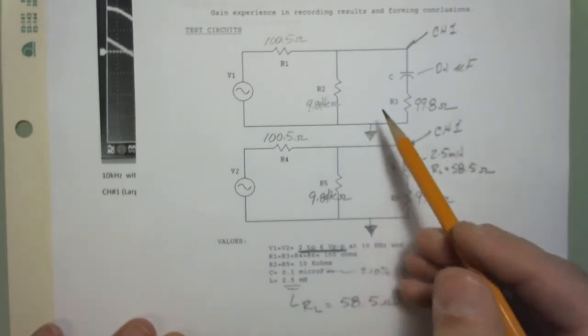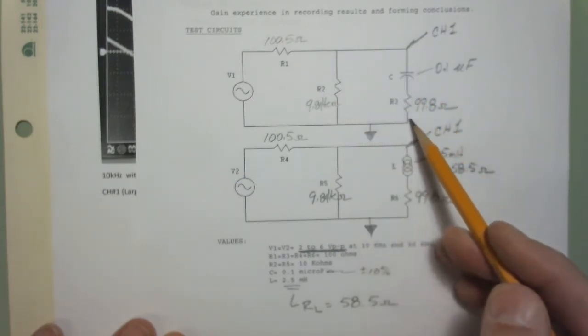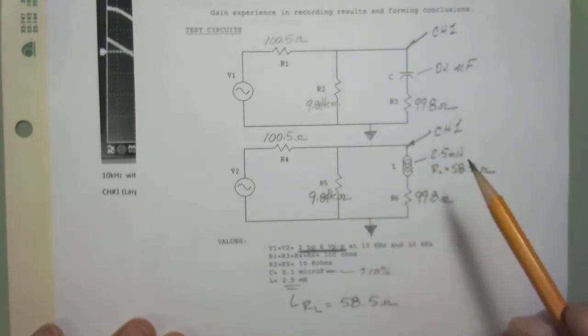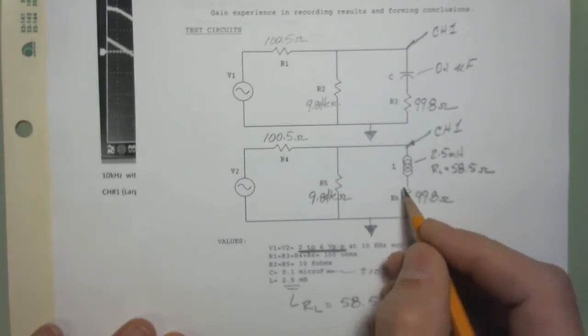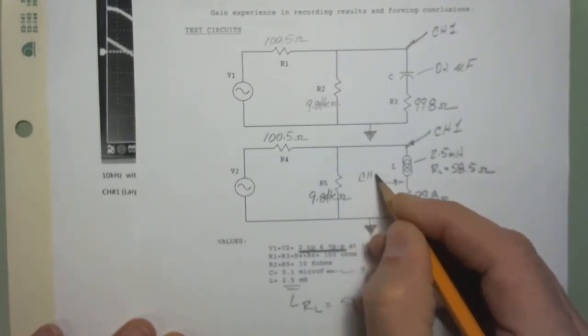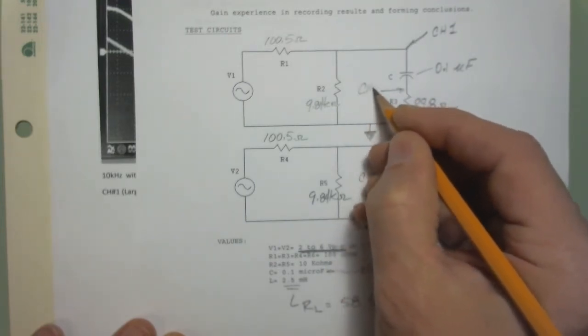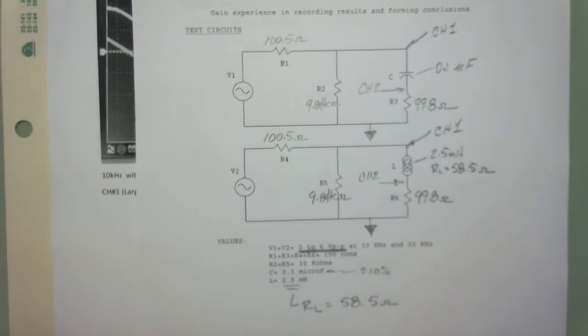I don't know that we'll need it, but channel 1 would measure the voltage across this resistor and also the voltage across the combination of those two. And then I will come in with channel 2 here, and likewise channel 2 there. Very much, again, like what we did last time.